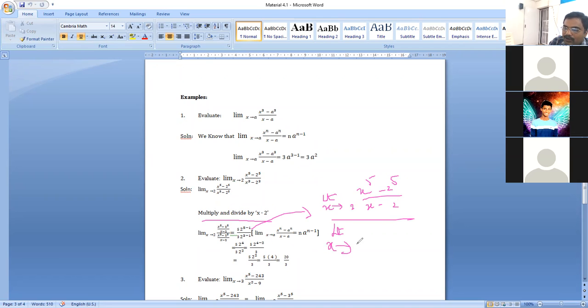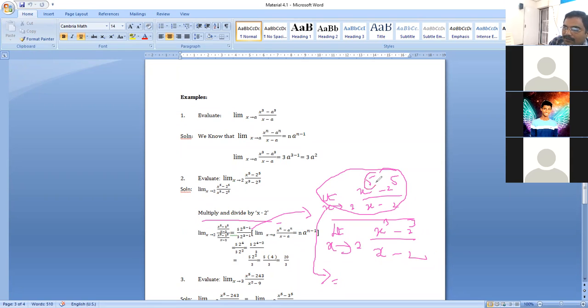Next you have to apply it to the denominator: limit x tends to 2, (x cube minus 2 cube) by (x minus 2). So this will become, in the next step, you have to apply this formula: limit x tends to a, x power n minus a power n by x minus a equal to n into a power n minus 1.